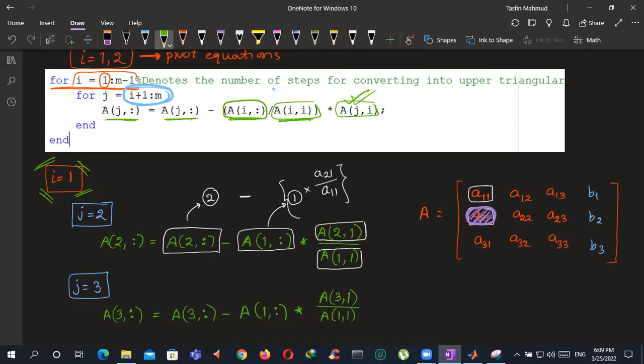So the same thing we're doing here. This is the first equation, equation number 1. This coefficient a 3 comma 1 will give us access to this element, a 3 1 element. So we are multiplying it by a 3 1, and we are dividing it by a 1 1, the pivot element, this element.